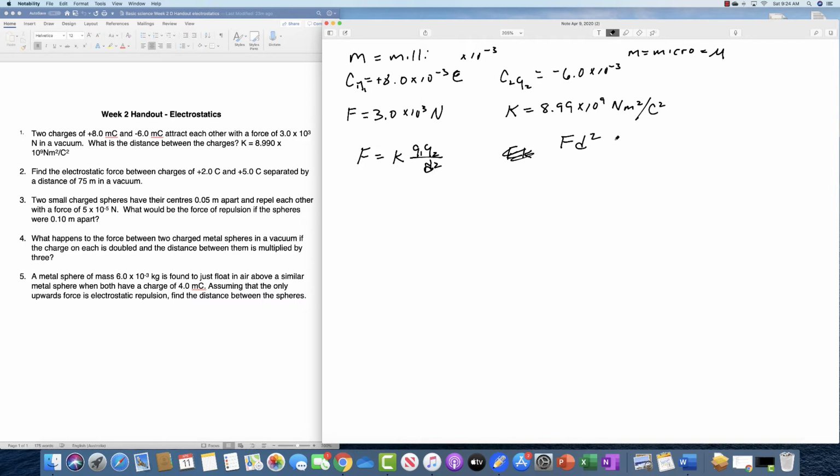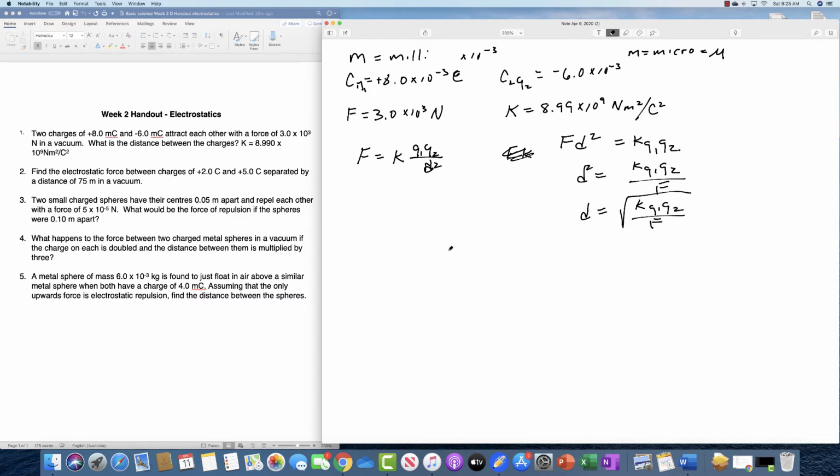So F times D squared is going to equal K Q1 times Q2. Then D squared is going to equal K Q1 times Q2 over F. And then D is going to equal the square root of that, K Q1 Q2 over F.